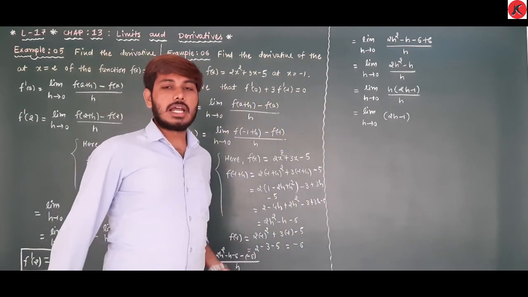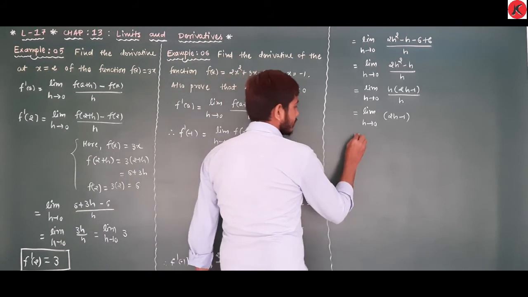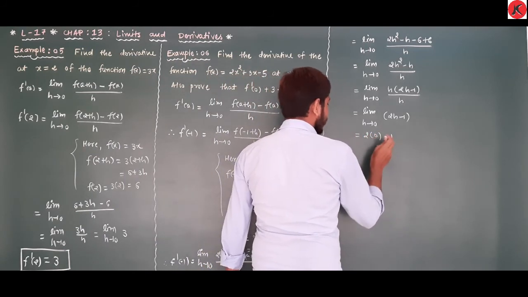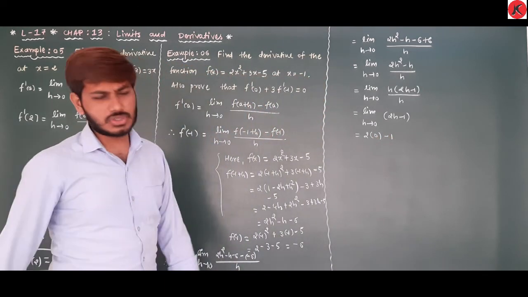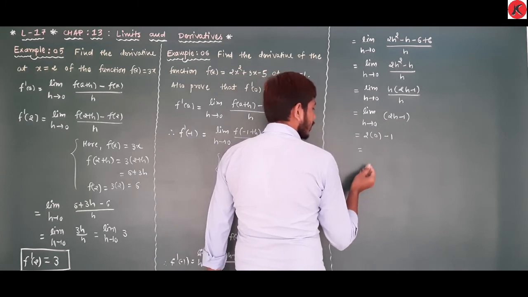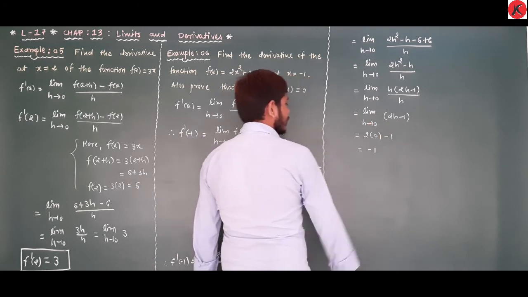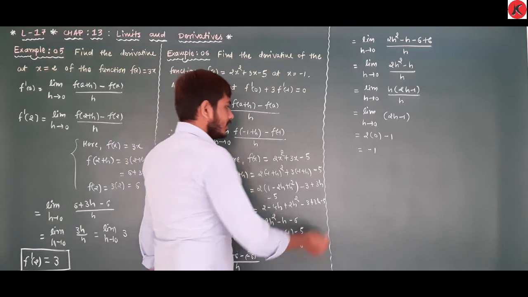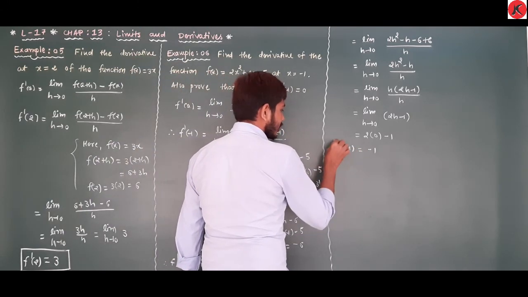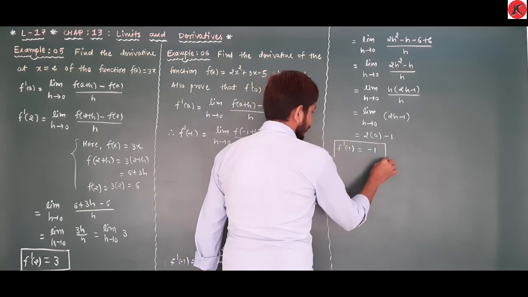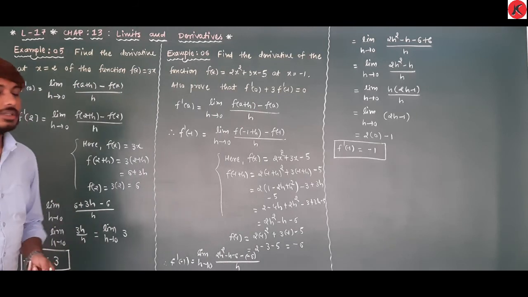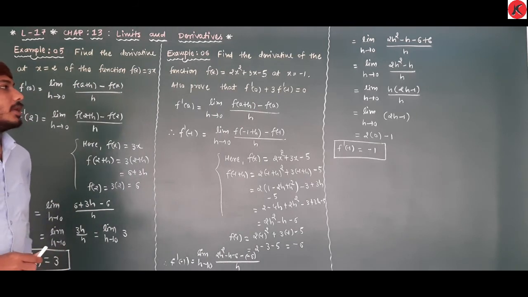Therefore we can put the direct limit here and get the answer, 2 into h, put 0 in place of h, minus 1. It is 2 into 0, which is 0, minus 1. Answer becomes minus 1. Therefore your derivative at x equals minus 1 is f dash minus 1 equals minus 1. We got the answer: f dash minus 1 equals minus 1.